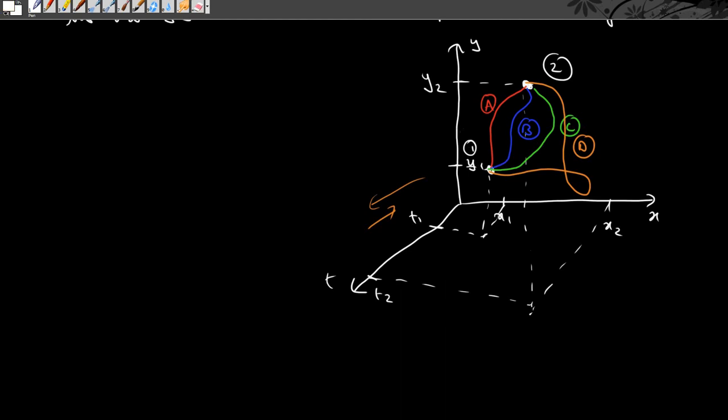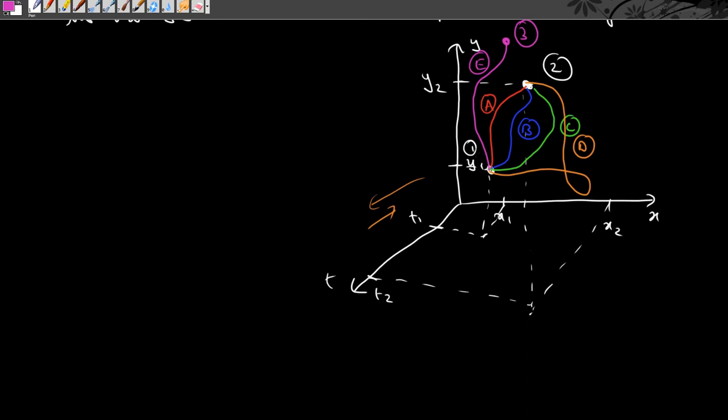Therefore it becomes meaningless to compare these paths with paths such as this one, which, let me use a different color, goes from point 1 and ends at some different point, point 3, which we don't know, and let me call this path E. It becomes meaningless to compare E with A, B, C, D, because E does begin at 1, but it doesn't end at 2.